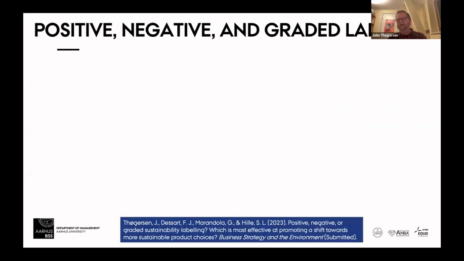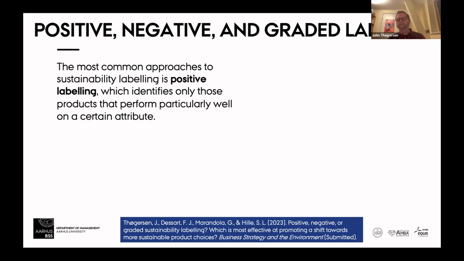In the food area, actually, it's not so much used to just give people absolute information. So it's absolute information versus relative. The most common way of communicating eco and other sustainability attributes in the food area is actually using what we often call positive labeling.